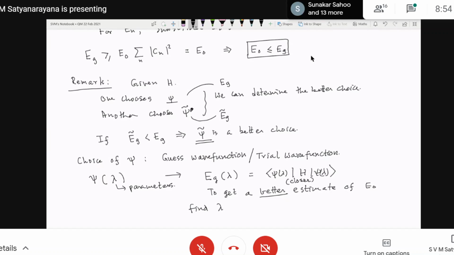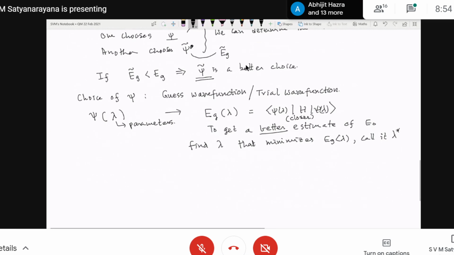So find the lambda that minimizes Eg of lambda. Let us call it lambda star.